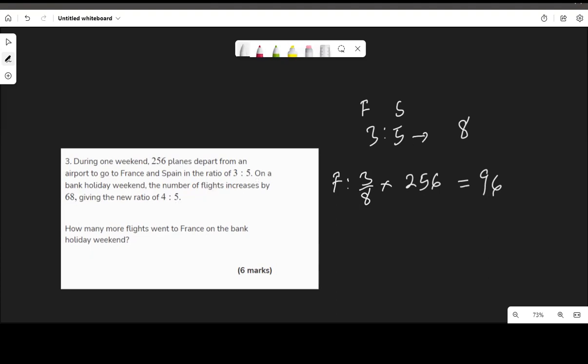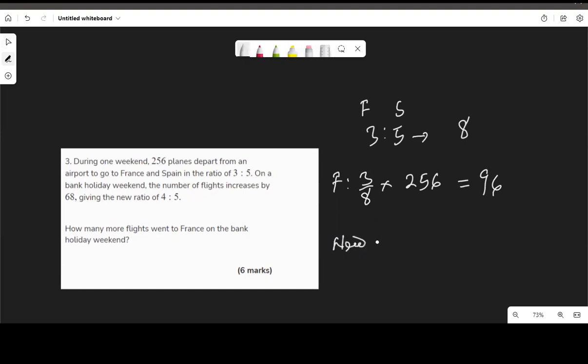Then the second part of the question says, on a bank holiday weekend, the number of flights increases by 68, giving the new ratio of 4 to 5. So let me call it the new number of flights.